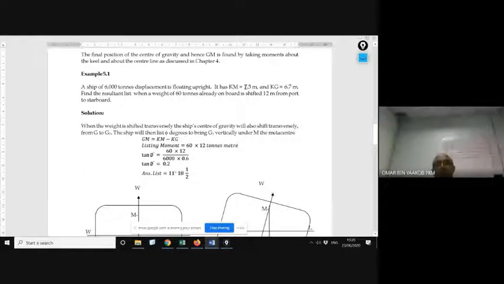Because 7.3 minus 6.7, this information enables us to calculate GM. So this is equal to 0.6 meters.